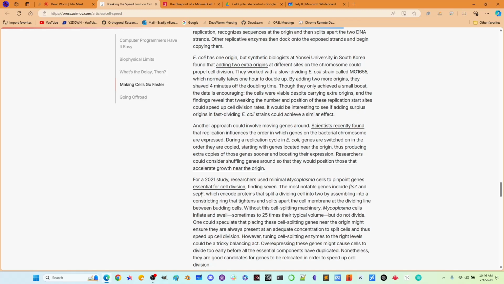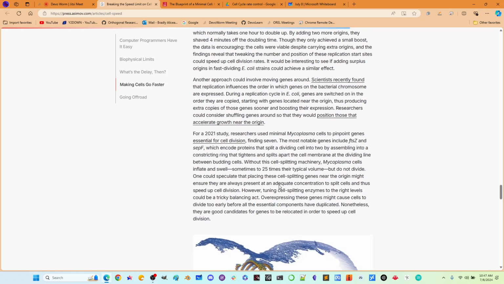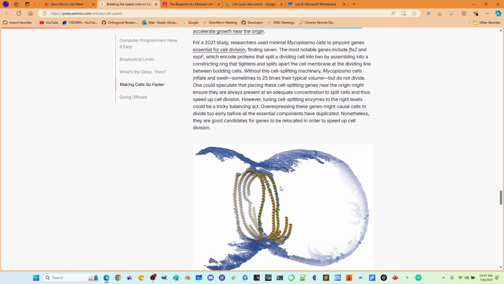FtsZ and SepF encode proteins that split a dividing cell in 2 by assembling into a constricting ring that tightens and splits apart the cell membrane at the dividing line between budding cells. Without this cell splitting machinery, mycoplasma cells inflate and swell, sometimes up to 25 times their typical volume, but do not divide. So this is important that we have these genes in place.